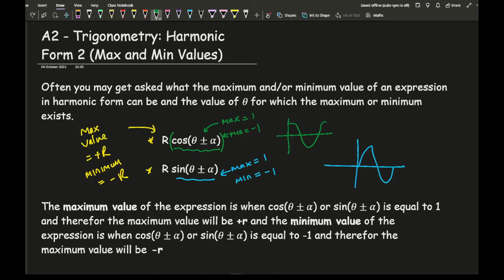The maximum of sine(theta plus alpha) is positive 1, so the maximum value of the expression is positive R, and the minimum value the expression could take is minus R, because technically we are multiplying it by minus 1.